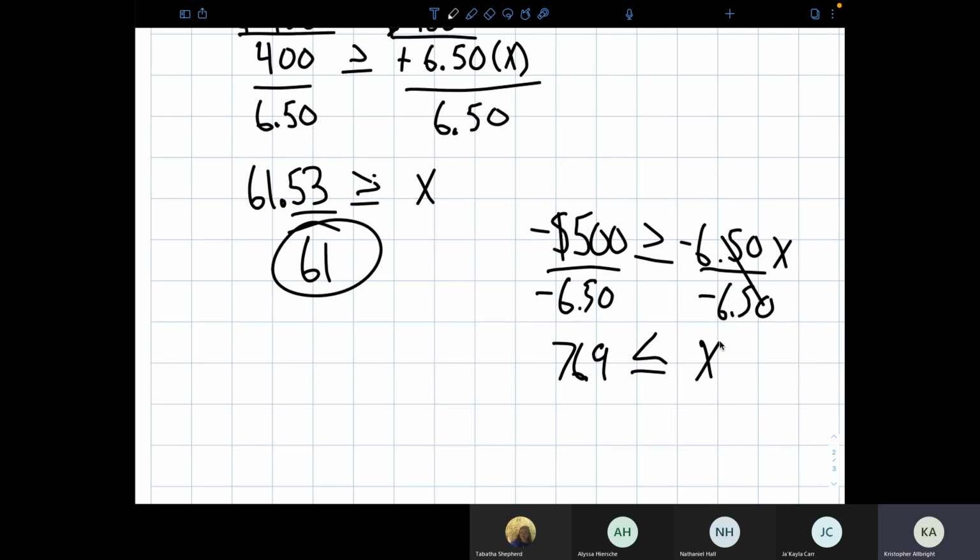So I don't know exactly what form those problems are going to come in, but if you see some situation where you have a negative on one side and you have to get rid of it, and it's not addition or subtraction, then you remember to flip this sign because it's going to mess you up every time if you don't remember it. So is everyone okay on linear inequalities so far?